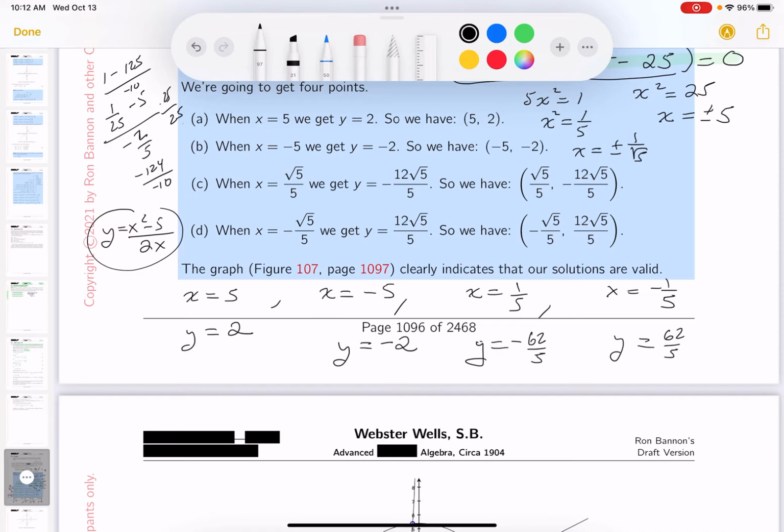Now, granted, I realize for a lot of students this is exhausting, and I want to see if I made a mistake yet. And I'm going to see if I met my milestones. And let's take a look at this. I had the 5, 2. I have minus 5, minus 2.